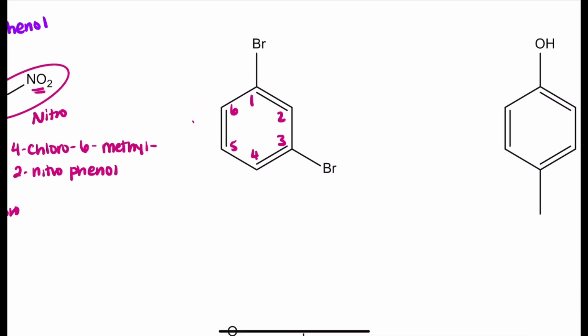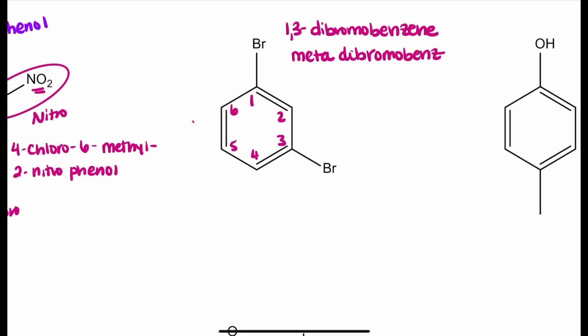I can either call this 1,3-dibromobenzene, or I could use the ortho, meta, para distinction. This is the meta position, so meta-dibromobenzene tells me the same thing as 1,3.